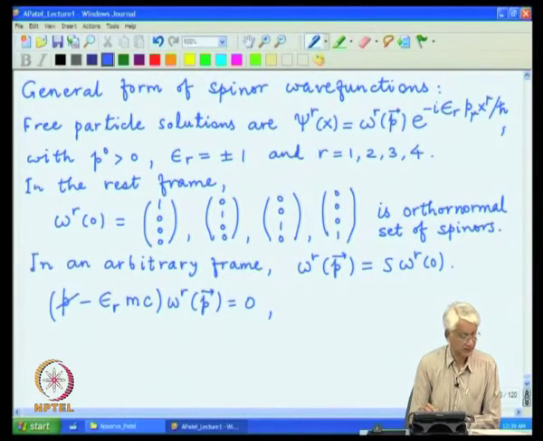The corresponding adjoint equation can now be easily obtained, but now we will use this notation omega bar, and that is useful for taking the adjoint, because gamma 0 is Hermitian, but gamma i are anti-Hermitian, and that extra sign is cancelled by the gamma 0 buried inside this omega bar.